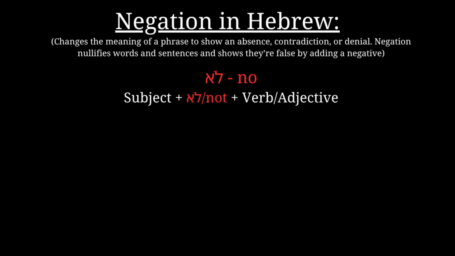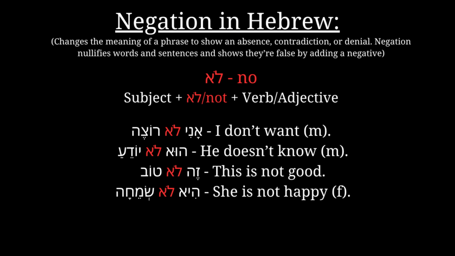Because Hebrew doesn't use an auxiliary verb, we simply place lo before the main verb or adjective. Some basic phrases can be אני לא רוצה. I don't want. Masculine. הוא לא יודע.